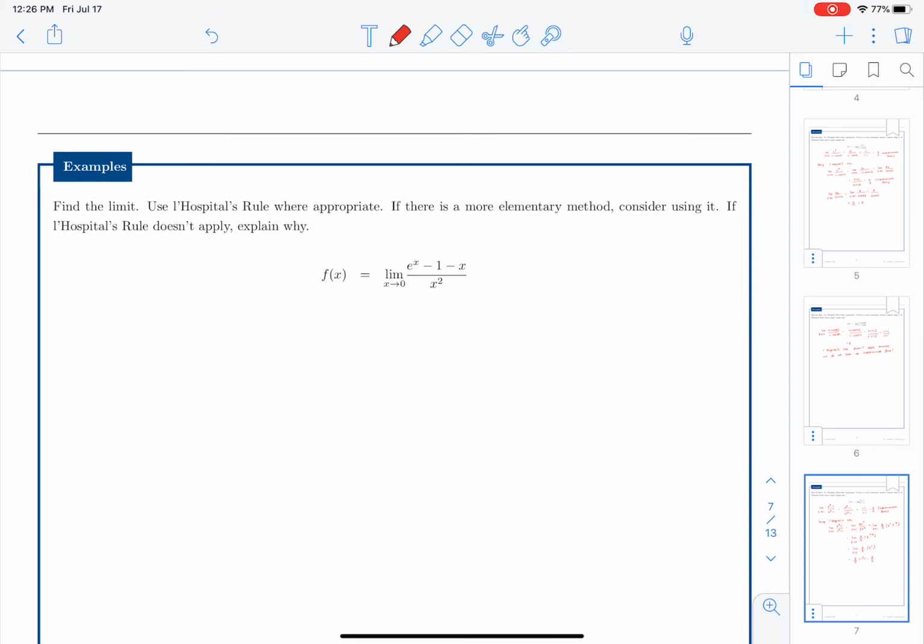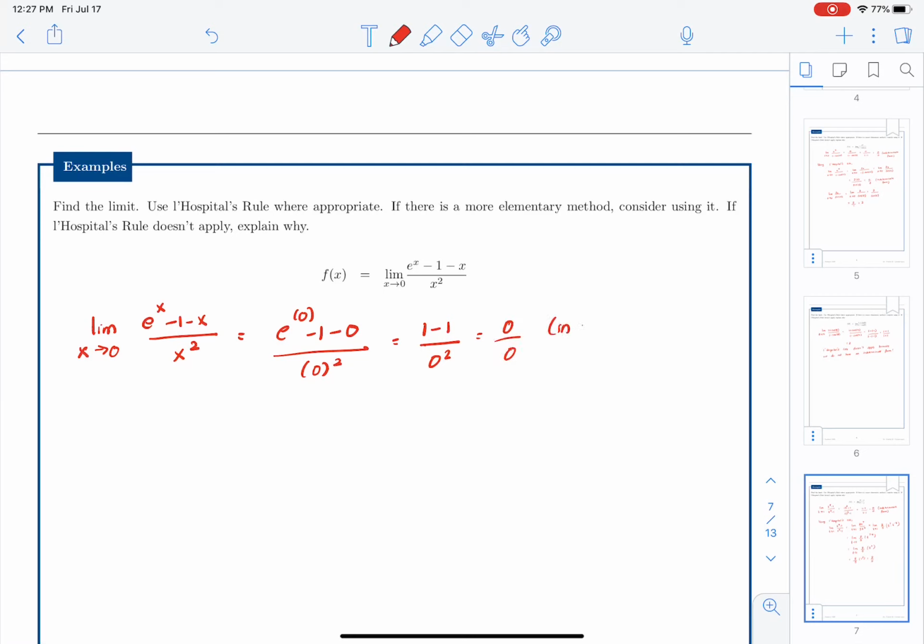Let's first identify if the limit that we are going to evaluate is in fact an indeterminate form. So e raised to x minus 1 minus x, over x squared. Apply the limit. e raised to 0 minus 1 minus 0 divided by 0 squared. 1 minus 1 divided by 0 squared, which is 0 over 0.